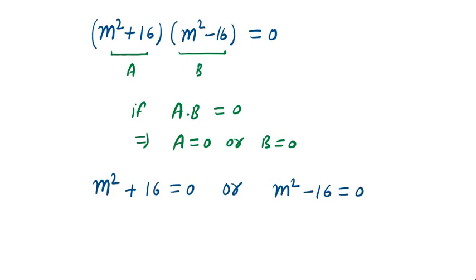Now look carefully. Here m square plus 16 is equal to 0. Let's say this is case first, and here m square minus 16 is equal to 0. This is case second.